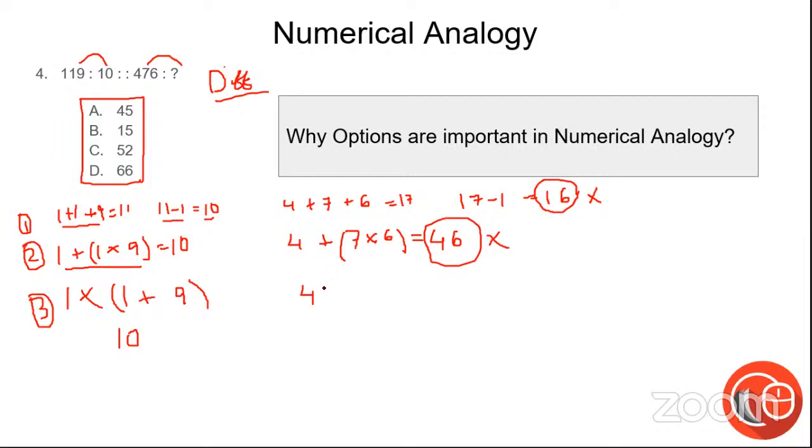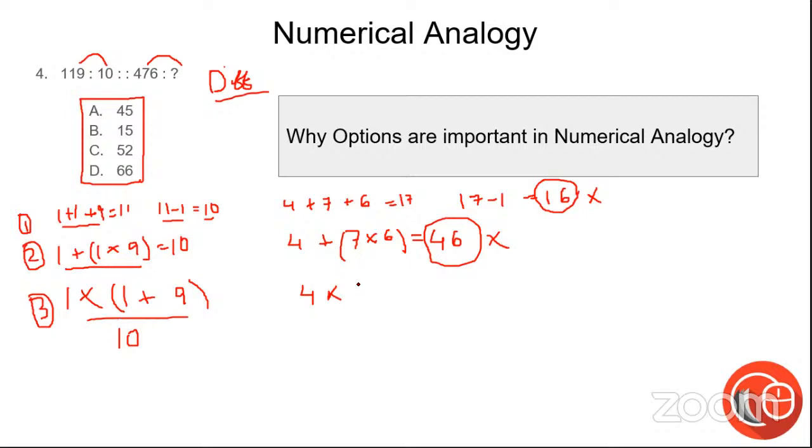In the second one we did 1 plus 1 into 9 and got 46, but that is not in the options, so we eliminated it. Now, instead of addition we have used multiplication here, and in the place of multiplication we are using addition. We have just swapped the operations, and that is the only difference. By using this we are getting 10.